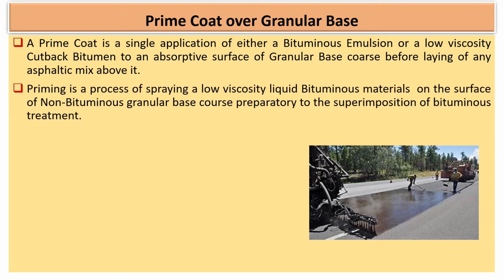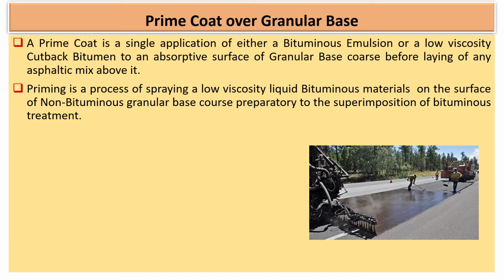Priming is the process of spraying low viscosity liquid bitumen materials over non-bituminous granular base course preparatory to the superimposition of bituminous treatment. The granular base course, being a porous layer, is an absorptive surface.